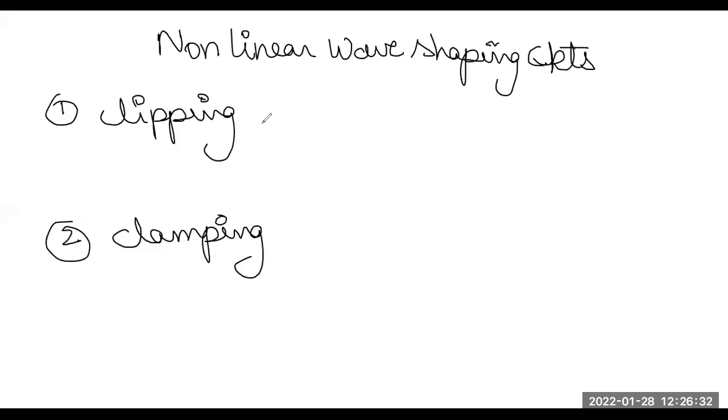So what do I mean by a clipping circuit? That is what we will discuss first. In this clipping circuit, what is it that we said? It is a wave shaping circuit.